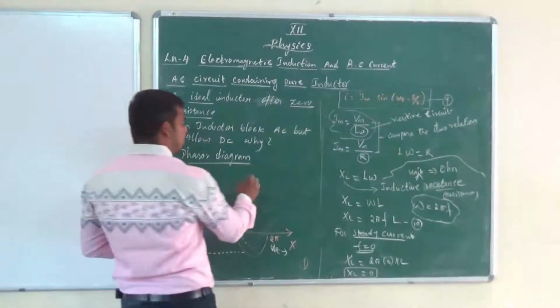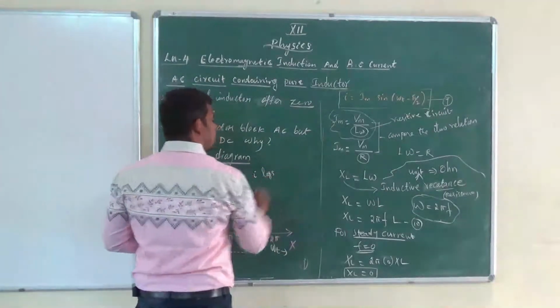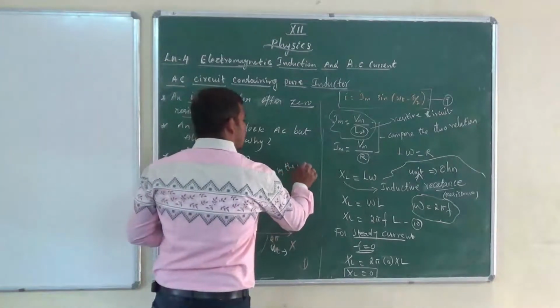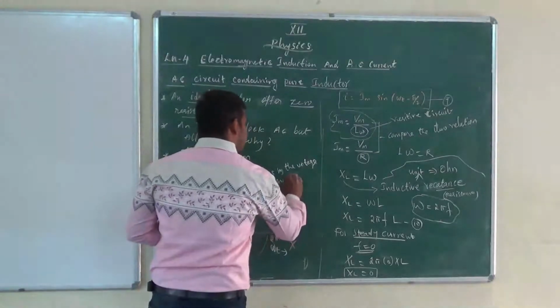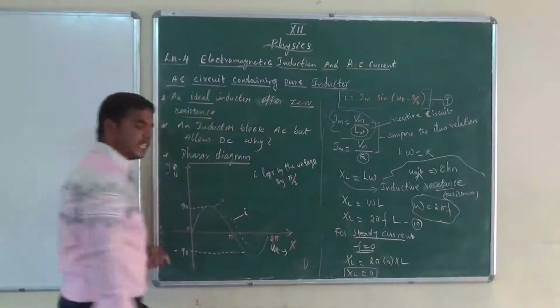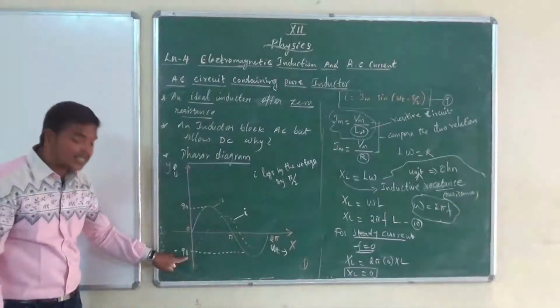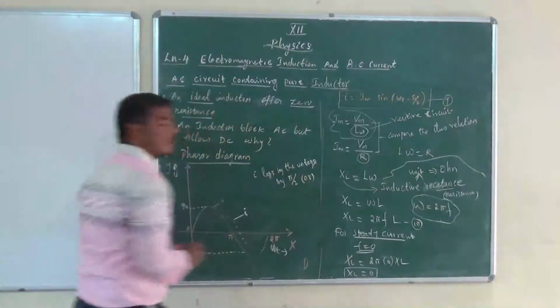I'll write the statement: current lags the voltage by pi by 2. It lags by 90 degrees.